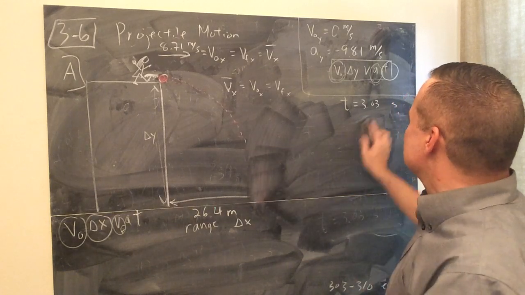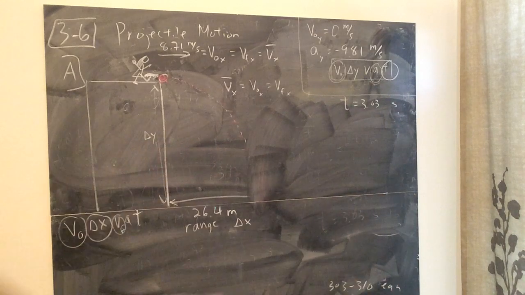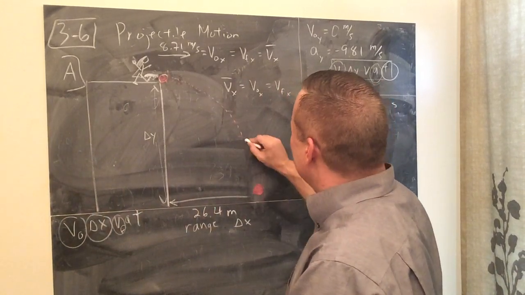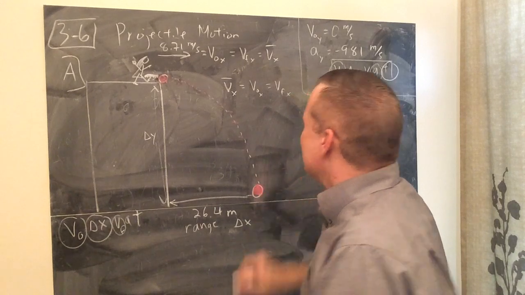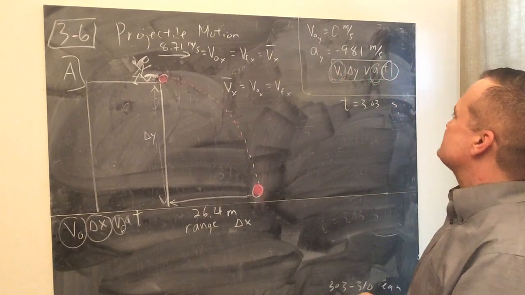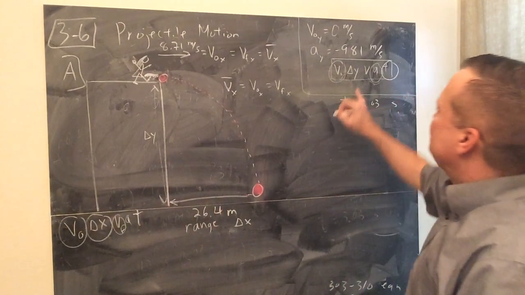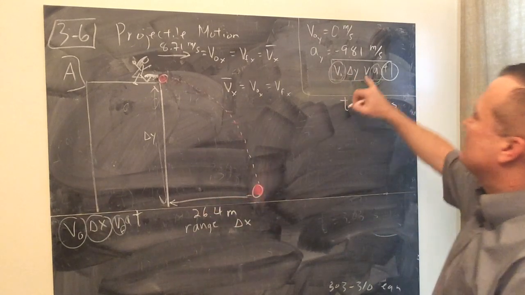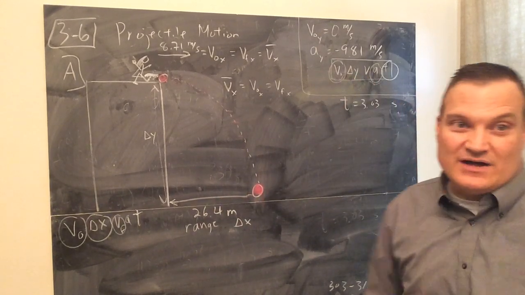Oh, I didn't want to erase my picture yet. Okay, let's put the little ball back. Okay, here we go. All right, there it is. Now, okay, so it takes 3.03 seconds. So we can now find out the height of the building, delta y, and we can also find out the final y velocity.